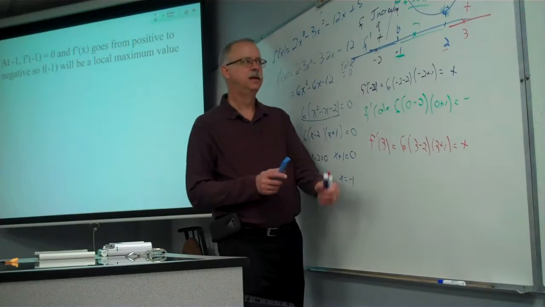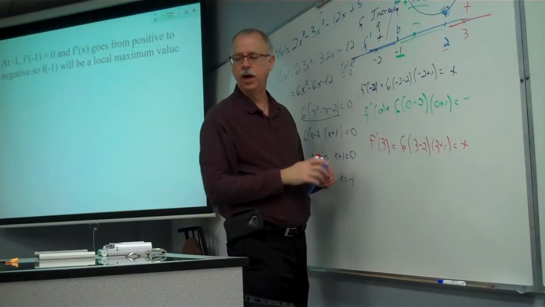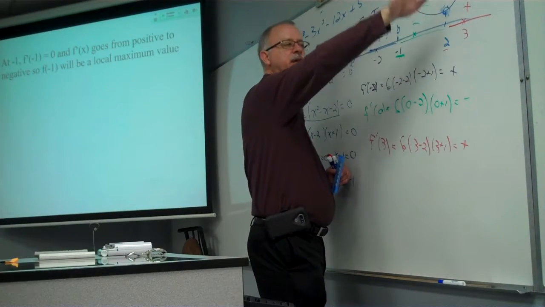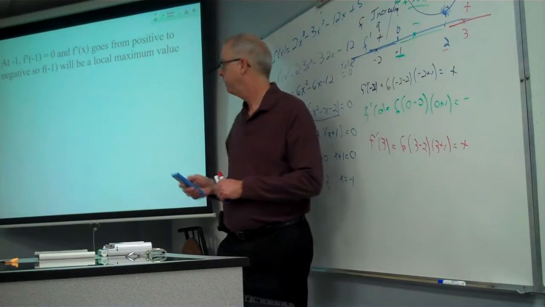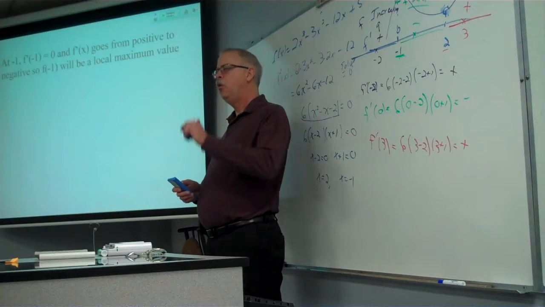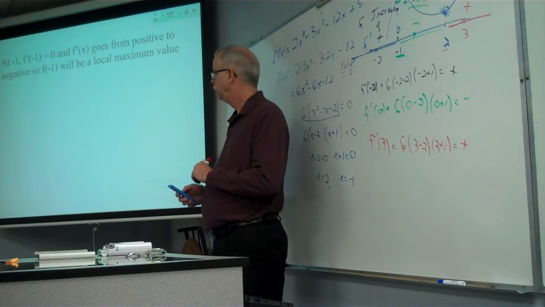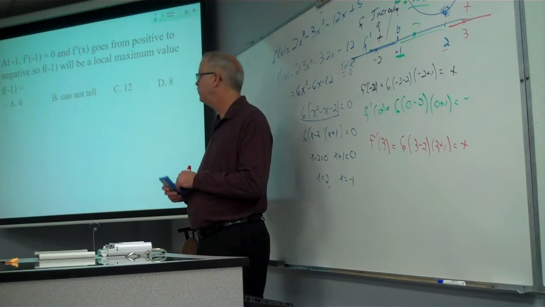And because of the increasing to decreasing, we had a local max at negative 1. And because of the decreasing to increasing, we had a local minimum at 2. We know where those extreme values occur. We don't know what they are. So we need to figure out, well, what's f of negative 1?